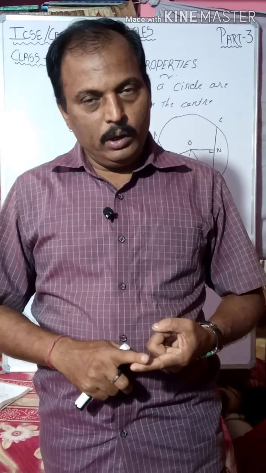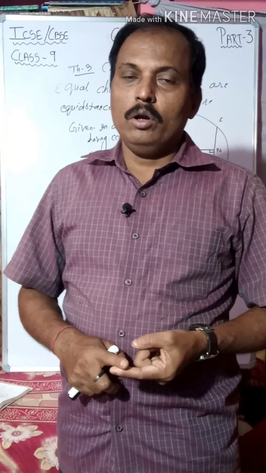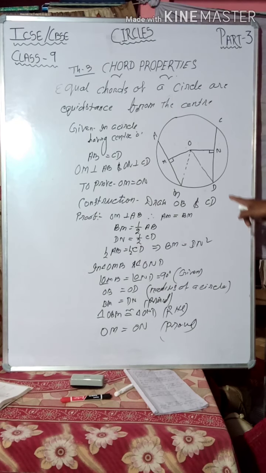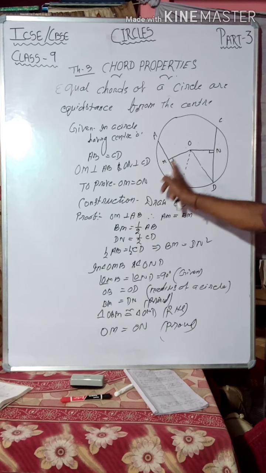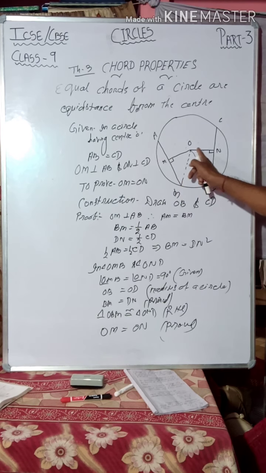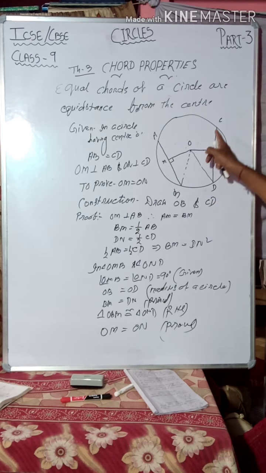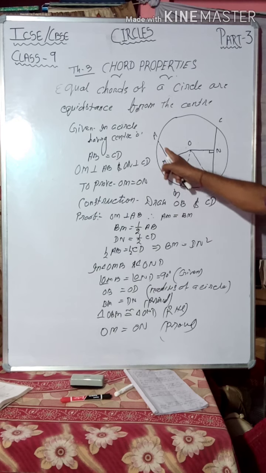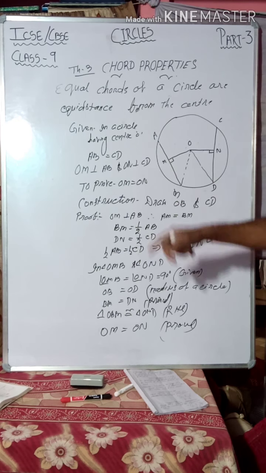Then we have a construction. Draw OB and OD. As OM is perpendicular to AB and ON is perpendicular to CD, and AB is equal to CD, half of AB is equal to half of CD. In half of AB we can write BM or AM, but we need BM.